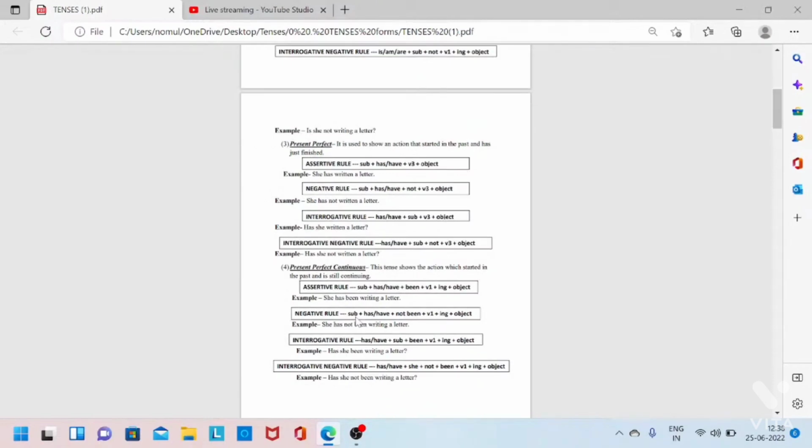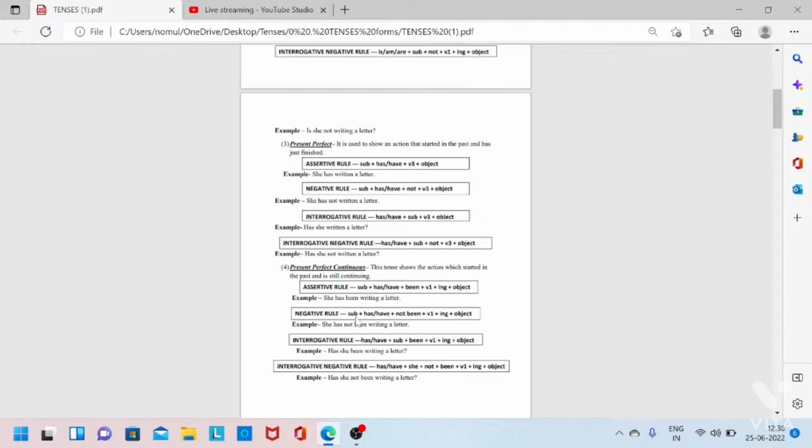The present perfect sentence is used to show an action that started in the past and has just finished, okay. It has already started and it has just finished. For this, the assertive rule is subject plus has or have plus v3 formation plus object. She has written a letter.